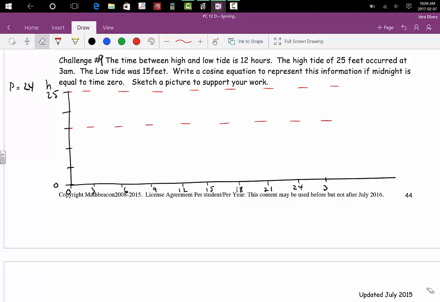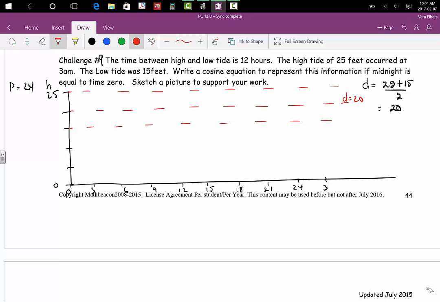I know that from the diagram you can tell what your vertical displacement and your amplitude are almost right away, but we're still going to calculate them because you're responsible to know how to do that. So our vertical displacement is going to be our maximum height plus our minimum height divided by 2, and that gives you 20. So at 20 we can put in another guideline.